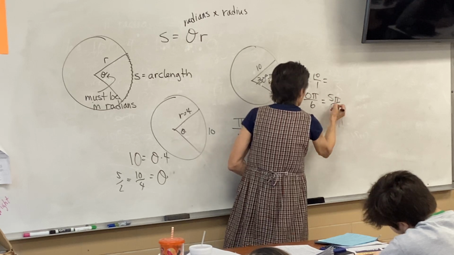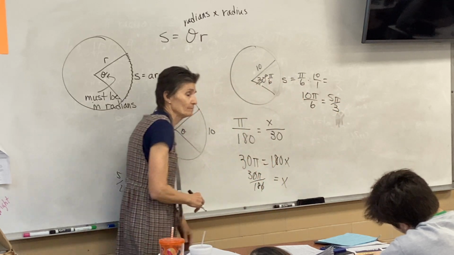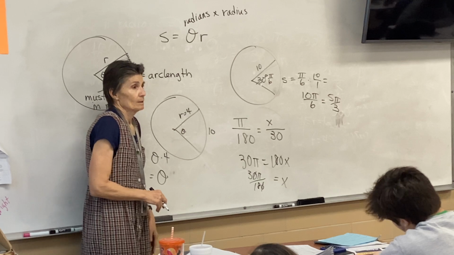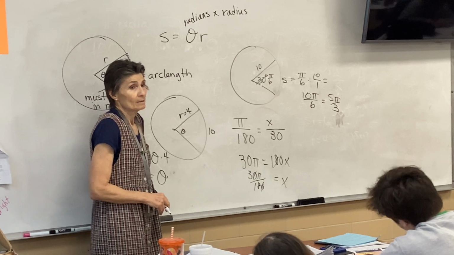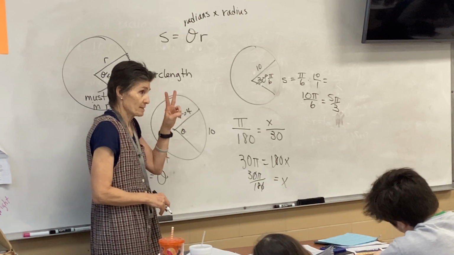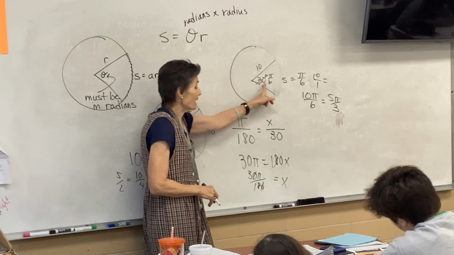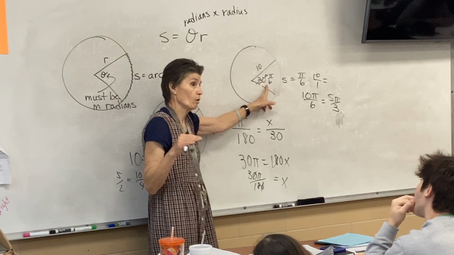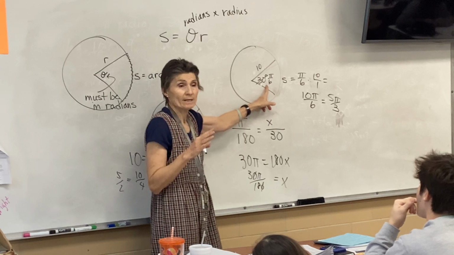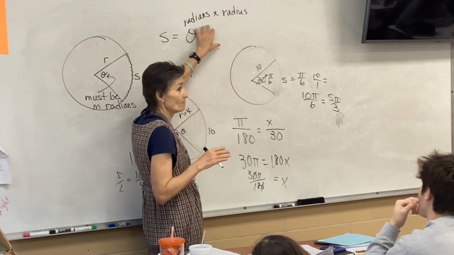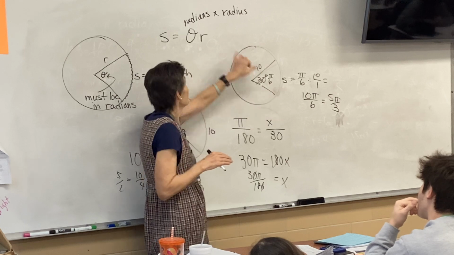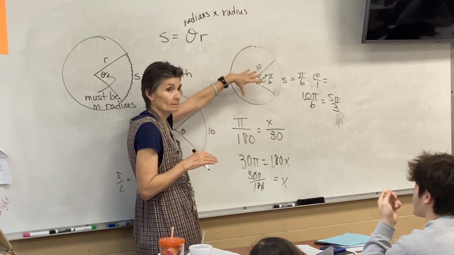There it is. That is 2 steps because the angle was given to you in the wrong form. You have to have it in radians. To do this problem, to find that arc length, you need your angle in radians.